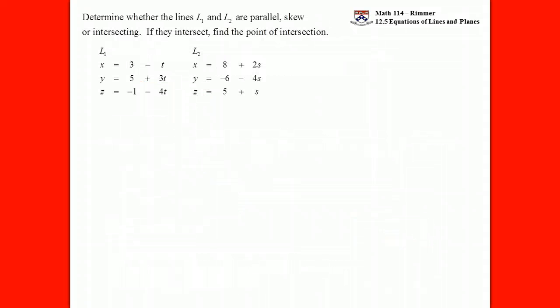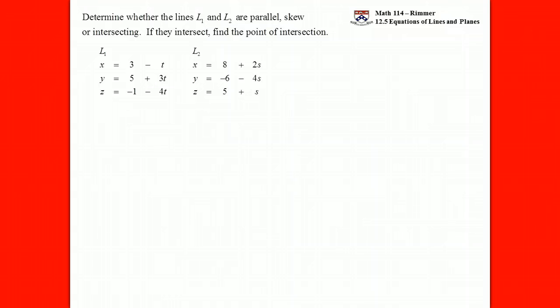So these are the three ways that these two lines can interact. So here's two lines. One has the parameter t, the other has the parameter s. Called one line L1, the other line L2. And we're going to see how can we tell algebraically behind the scenes that these guys are one of these three types. And they have to end up as one of these three types. First off, right away, they are not parallel. And it's a visual.